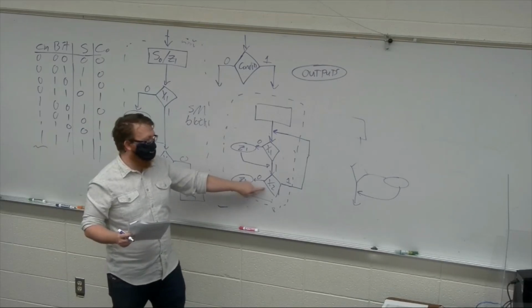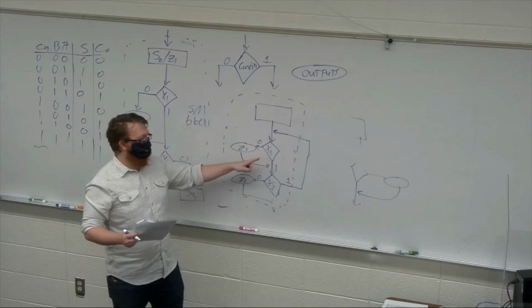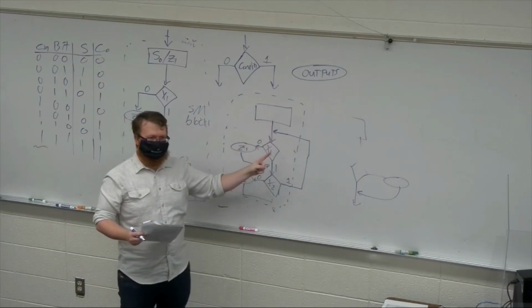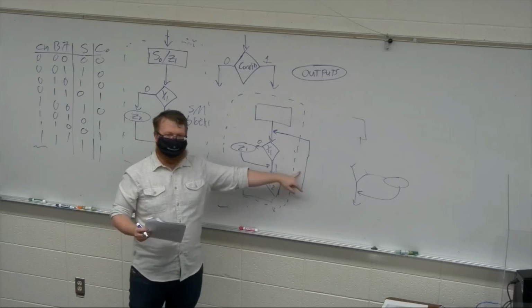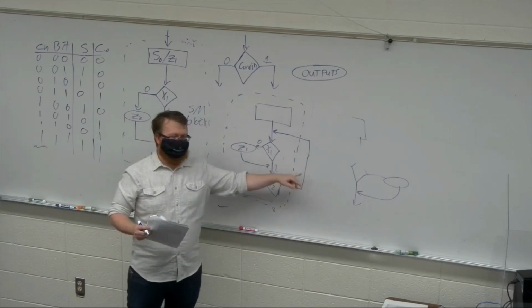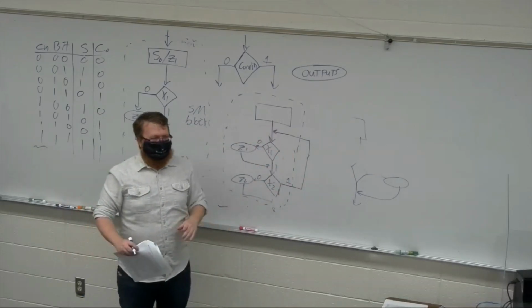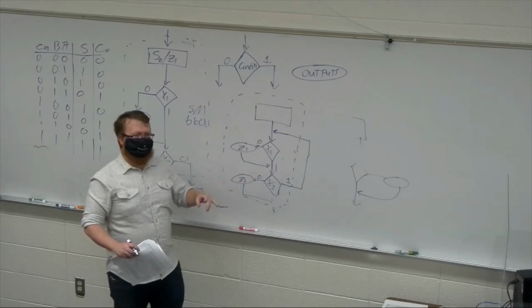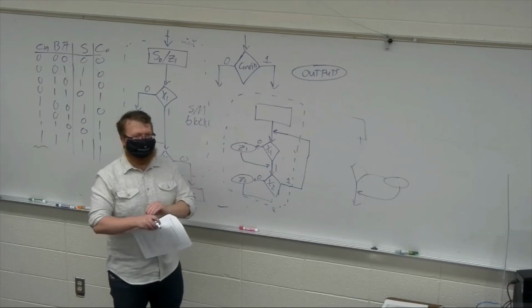So X2 has already been made when I come into X1. And that's to make it clear that we're coming out of this SM block and we have a new input when we make that decision. So that's one of the rules that we need to abide by. This book has lots of rules on the SM charts. There's a small chance of this showing up on an exam at all, but it's something to be aware of.